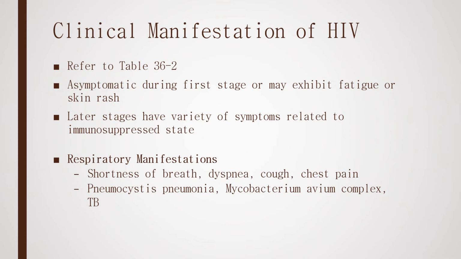A confirmed diagnosis of disseminated MAC disease is based on compatible clinical signs and symptoms coupled with the isolation of MAC from cultures of blood, lymph nodes, bone marrow, or other normally sterile tissue or body fluid samples.